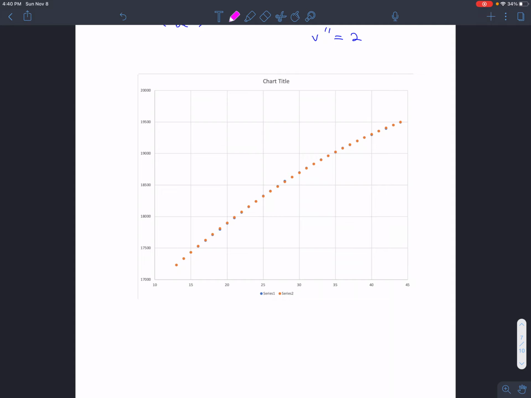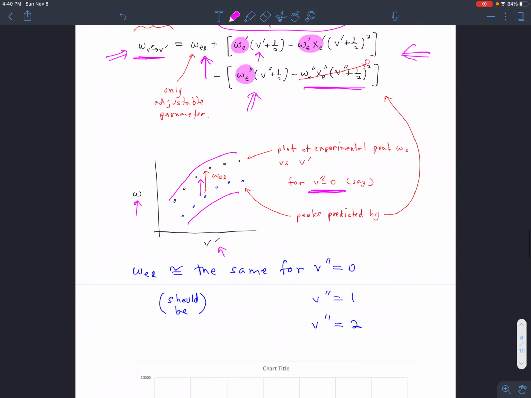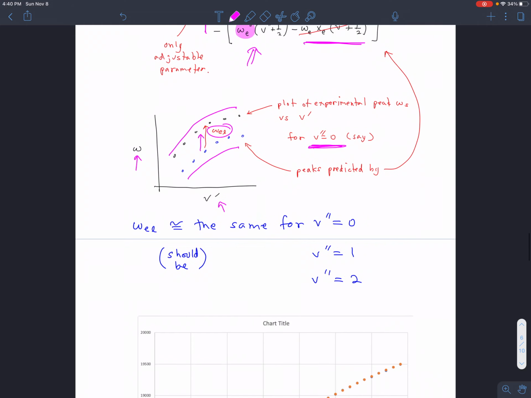And of course, these two sets originally started offset from each other, and you just adjust the offset, and that offset is the number we want. And you can do that starting from V double prime equals 0, the ground vibrational level in the ground electronic state, or for V double prime equals 1, or for V double prime equals 2.